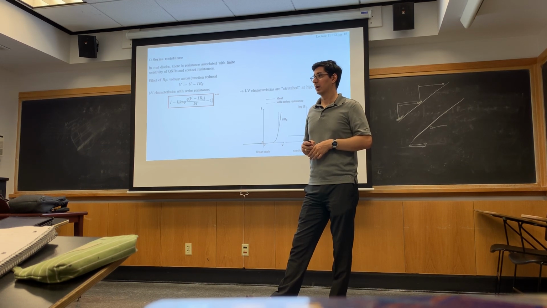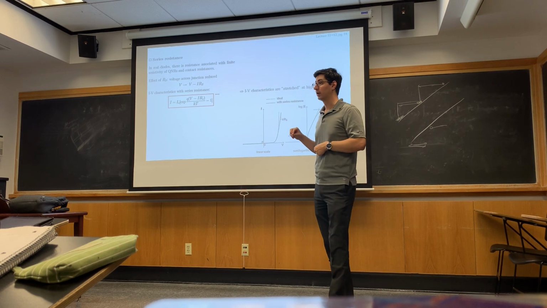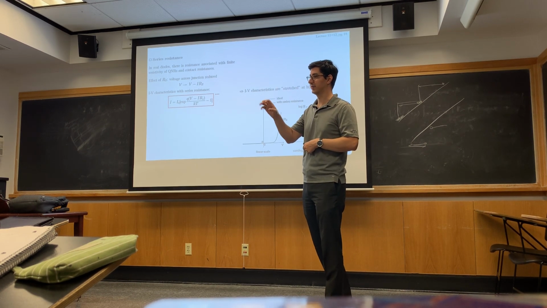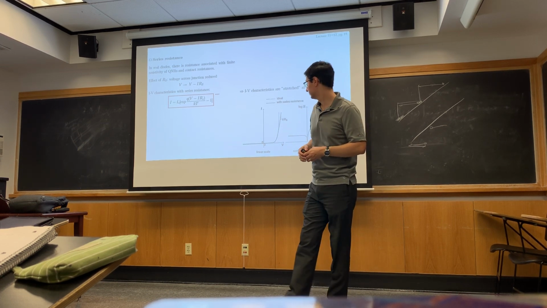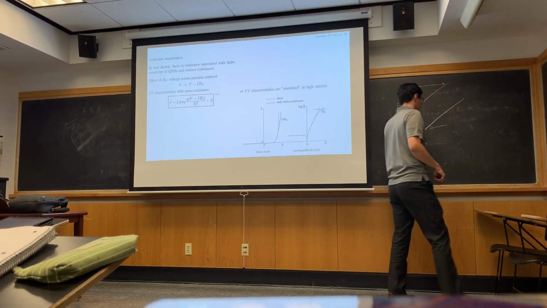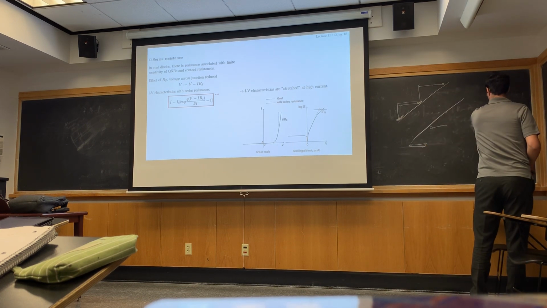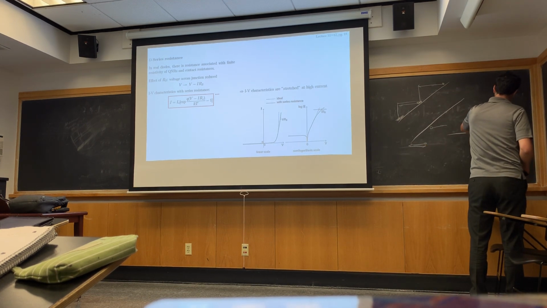And so initially that is quite small. I mean, that resistance, the opposite of what I said. Initially, the resistance is quite large. How can I see that it's quite large?